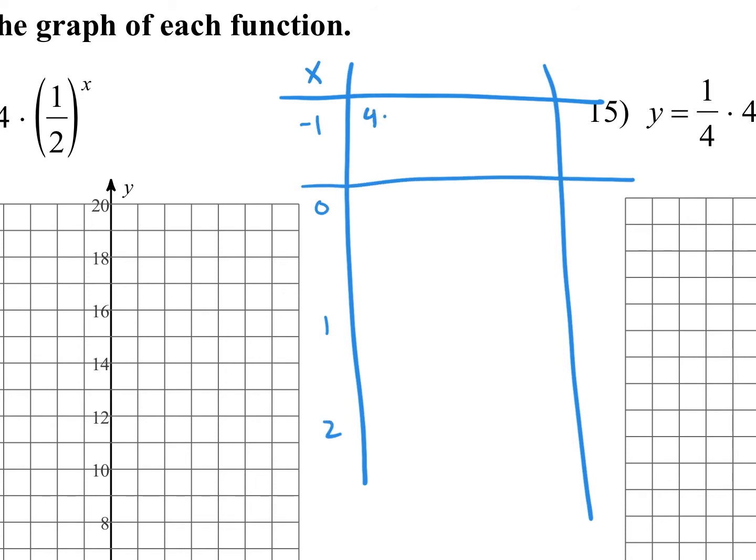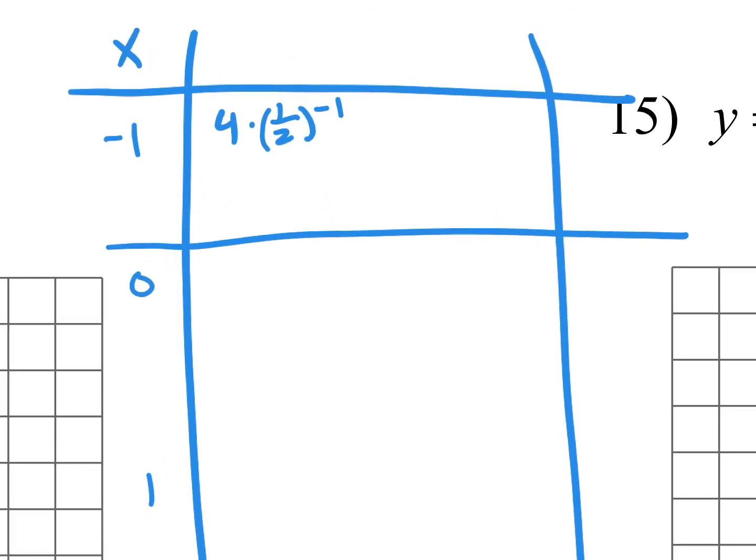I have 4 times 1/2 to the power of -1. What does a negative exponent do to this number? It flips it, so it flips it to 2. Awesome. So here I have 4 times 2, which is 8. What would my point be? -1, 8.